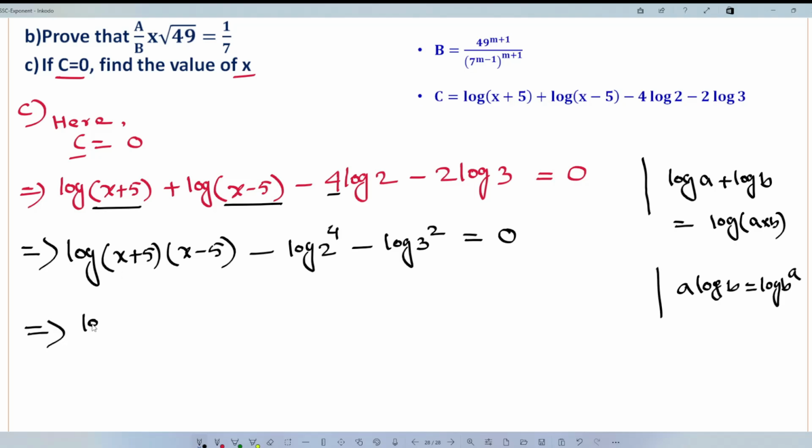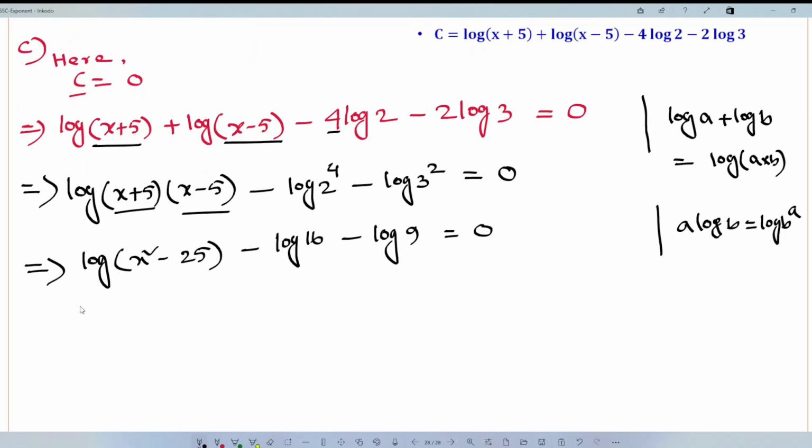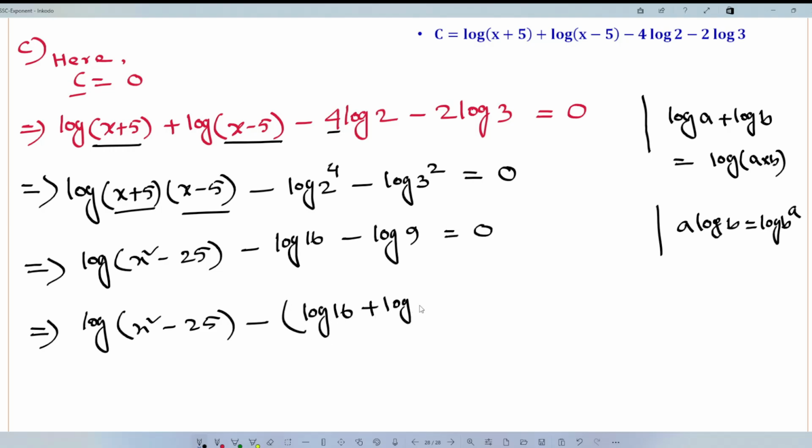Now look, log x plus 5 times x minus 5, we can write as x square minus 25, minus log 16 minus log 9 equals 0. Now this one, log x square minus 25, we can take the common minus, so here is log 16 plus log 9 equals 0.